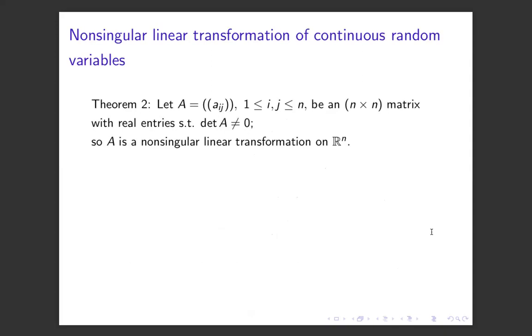So let me recall a result which you would have already seen in your basic probability course: non-singular linear transformations of continuous random variables. Let capital A be an n cross n matrix with real entries, and it is non-singular, that is, the determinant of A is not 0, so A inverse exists.